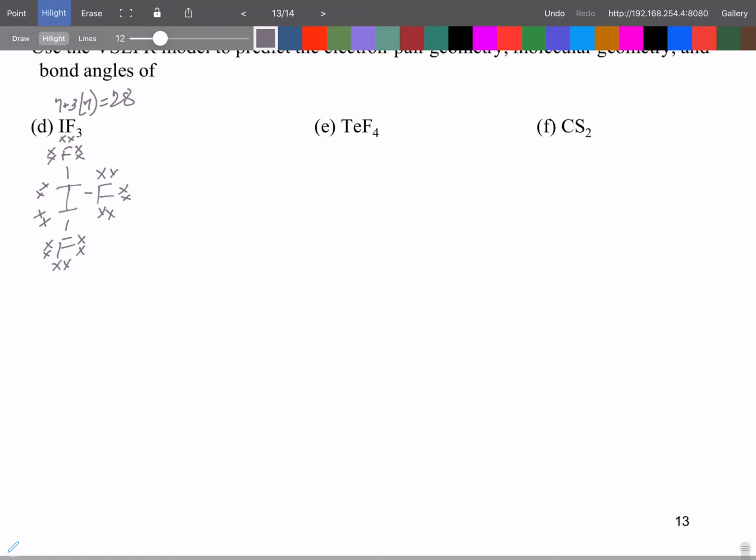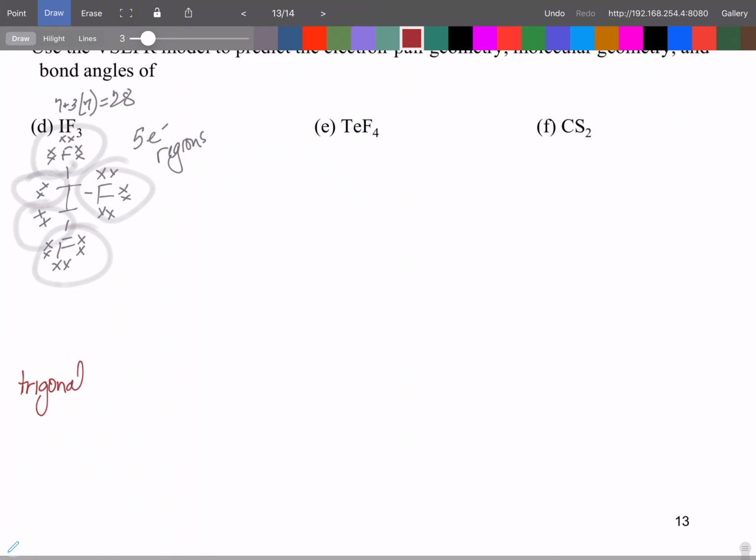So here we go. Let's count electron regions. This is 1, this is 2, this is 3, this is 4, and this is 5. So we actually have 5 electron regions. So having said that, let's look at our shapes. If we have 5 electron regions, our electronic shape is trigonal bipyramidal. And I'll be honest, to me this is easier to draw in.